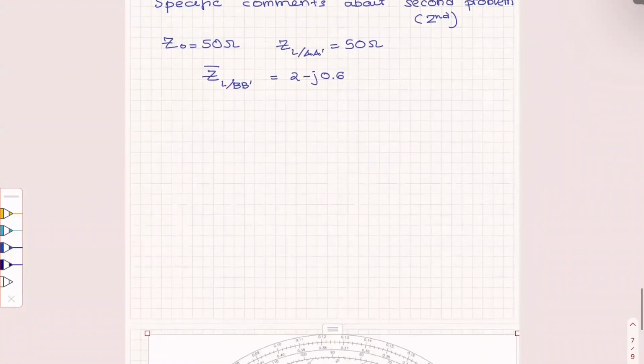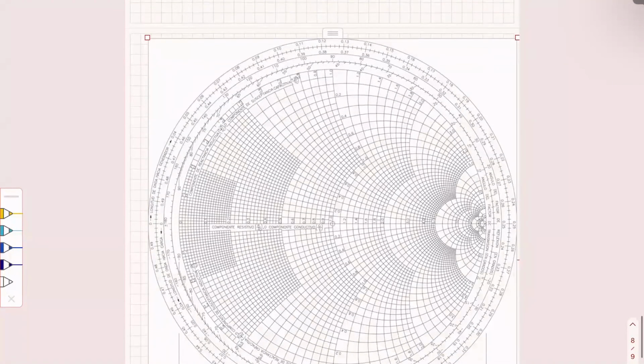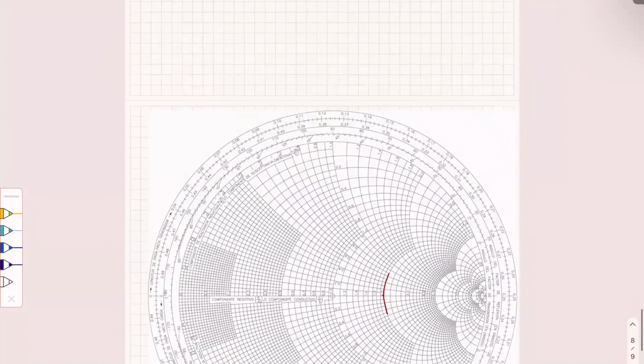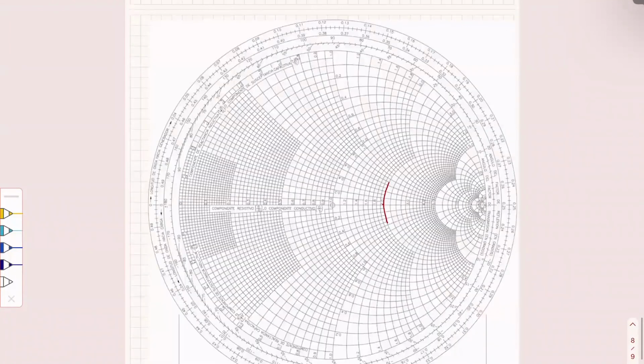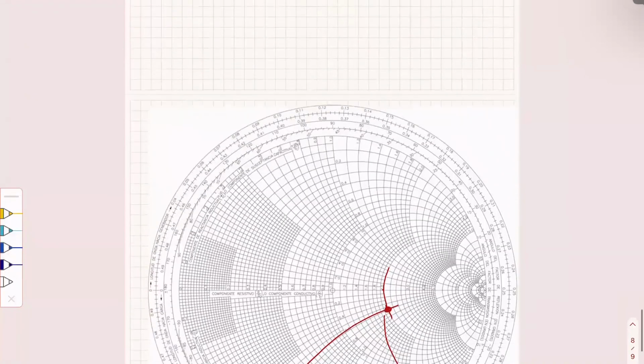Your normalized load is 2 minus j 0.6. 2 is here, the real part, and minus j 0.6 is there. So the intersection of these two gives you ZL normalized.